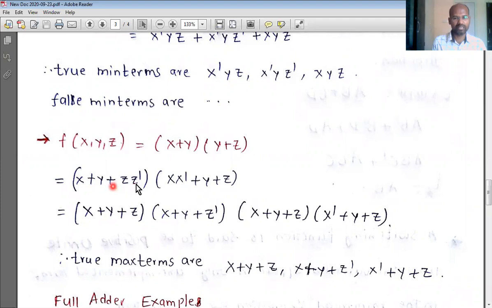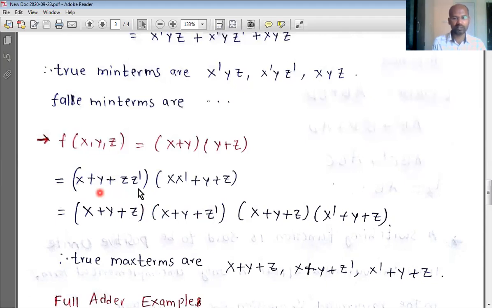So we can write x plus y plus z bar, since z is missing in this term. In the same way, in this sum term, what is missing? X is missing. So x into x bar is 0, and 0 is added to y plus z. That doesn't alter the result. Now by using the distributive law, x plus y plus z bar can be written like this: x plus y plus z, x plus y plus z bar.